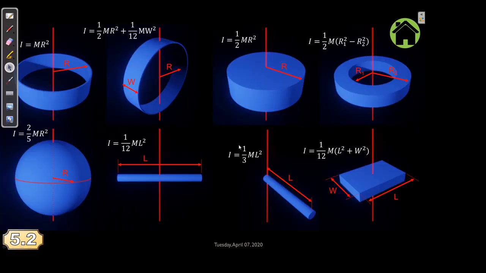So here's a chart that illustrates the formula of moment of inertia for various shapes. And you can see that the shape of the object greatly affects how the moment of inertia works. For a thin hoop, that is where all the mass is concentrated in the outer rim, the moment of inertia is just the mass times the radius squared.